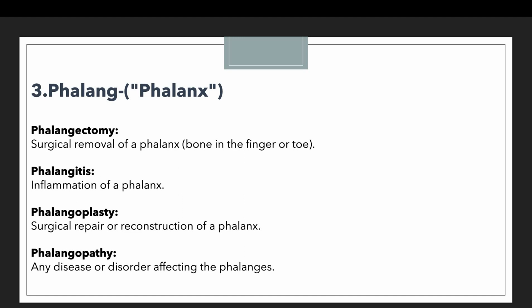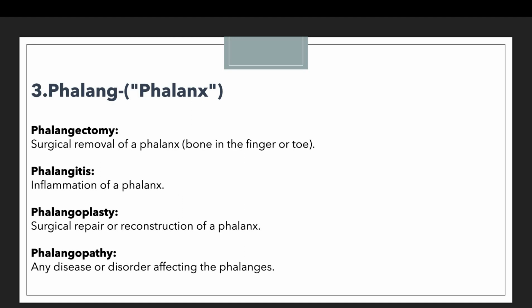So because of any medical condition, if we are repairing or reconstructing the phalanx, which is the finger or toe bone, then we will denote this thing with the terminology phalangoplasty, where phalango is a prefix and plasty is a procedure. So phalangoplasty is a complete medical terminology.